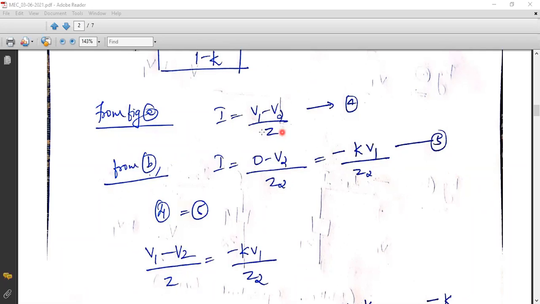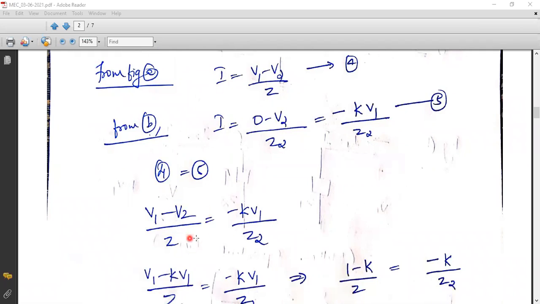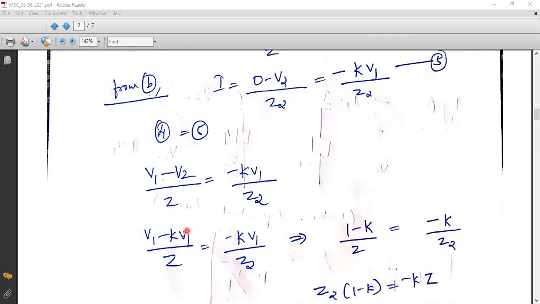Yes, sir. Now you can equate the left hand side because left hand side is I, so you can equate the right hand side. So equation 4 is equal to 5. So kindly equate the right hand side of the equations. And here you can substitute V2 as kV1. Substitute V2 as kV1.